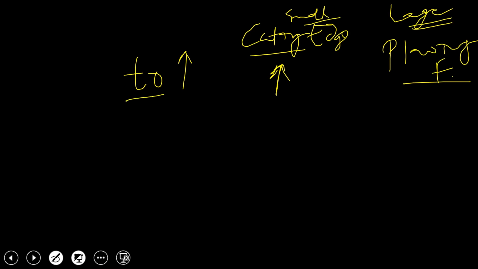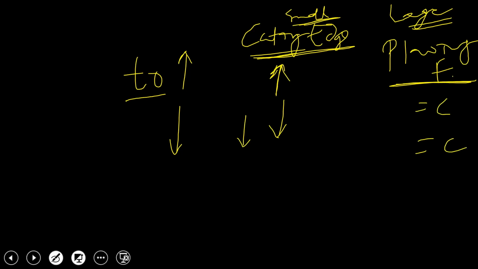So when you increase t0, there is a small increase in the cutting force, and plowing force is almost constant. If you decrease t0, this force acting on the cutting edge will decrease, but again that is a small amount, so there would be a small decrease, but this plowing force is going to remain constant.